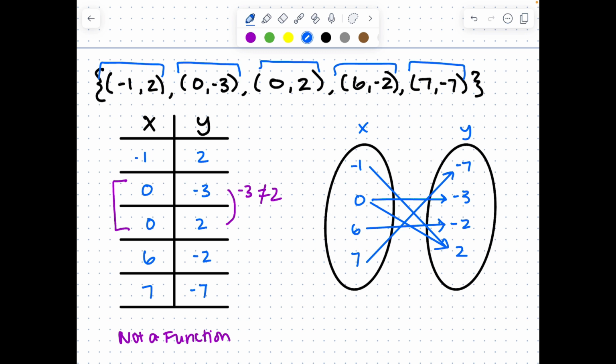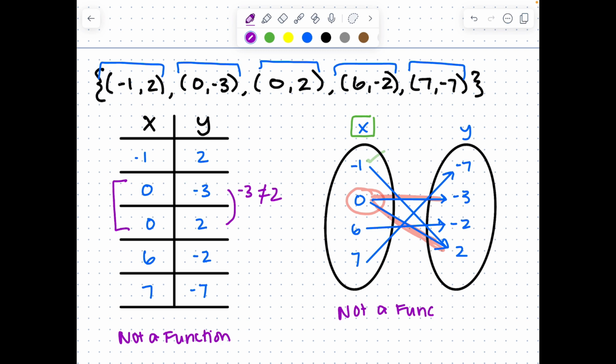If you're trying to tell from a mapping diagram whether this is a function or not, remember you are looking for, does each input map to exactly one output? So focus on the inputs, and you're checking how many arrows come off of that number. So on our -1, there's only 1, but 0 has 2 arrows coming off of it, which means this is not a function.